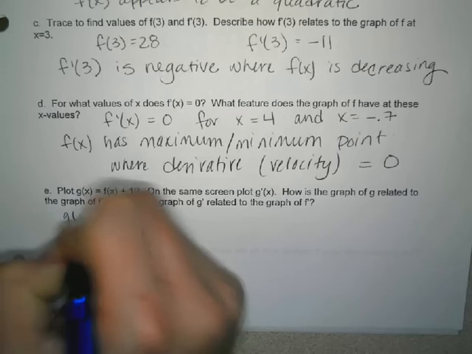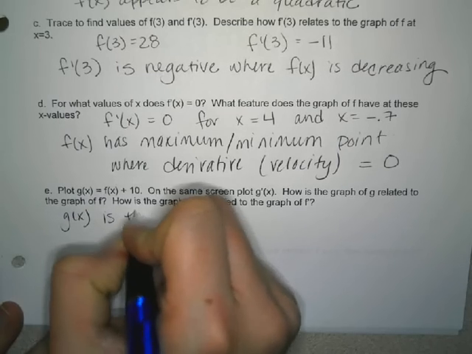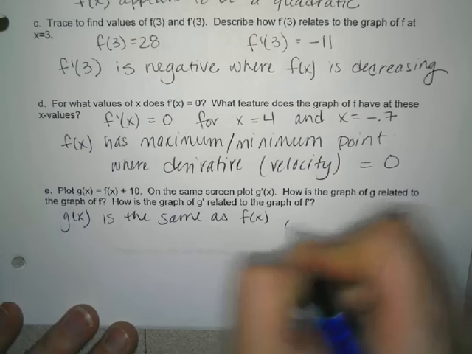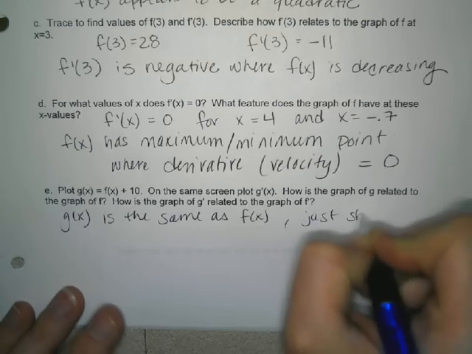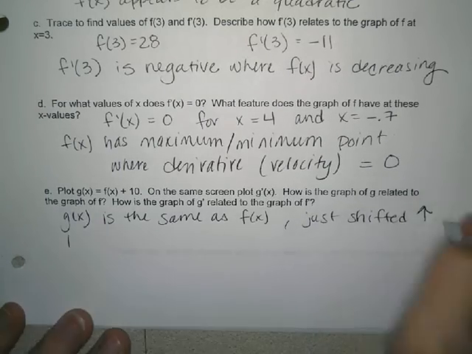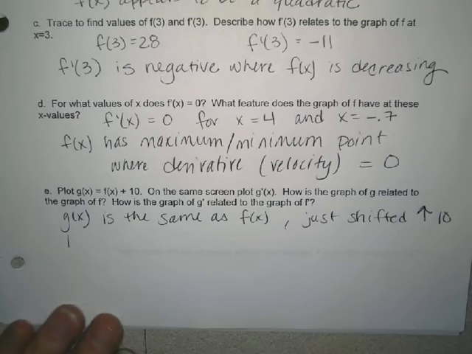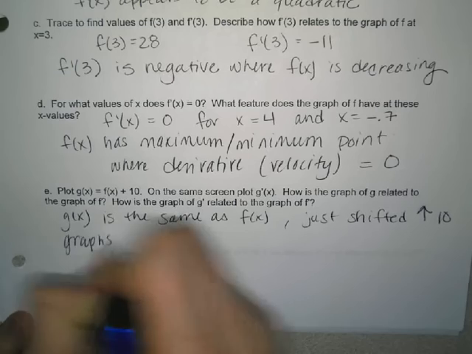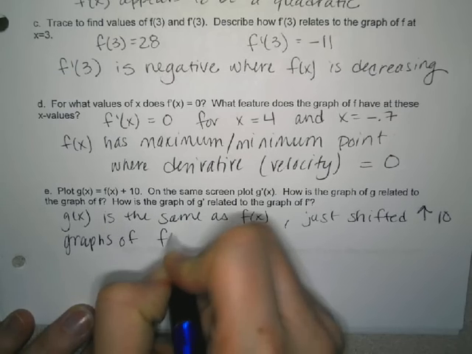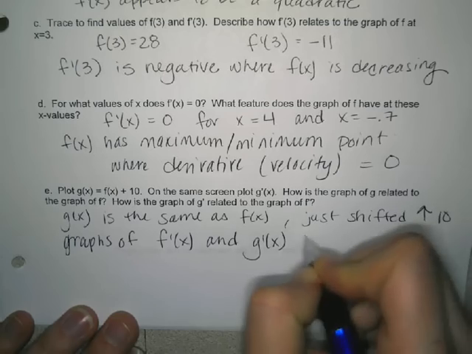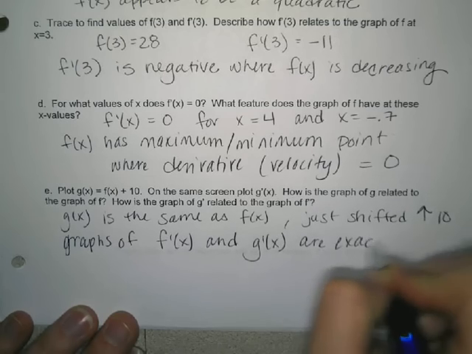Alright, so we would say first that g of x is the same as f of x, just shifted up 10. Okay, the next thing, graphs of f prime and g prime are exactly the same.